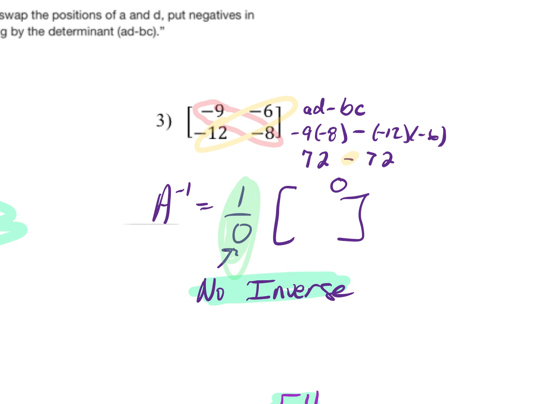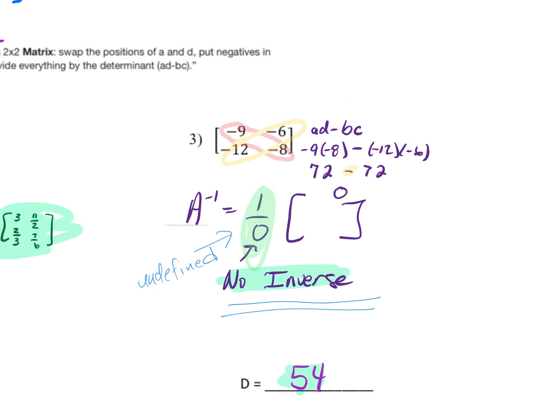This value, guys, 1 over 0 is undefined. So if you get undefined here, the answer is not undefined. The answer is there is no inverse. So if you're finding the inverse and you come up with, oh, wait, the determinant underneath is 0, that means there is no inverse.